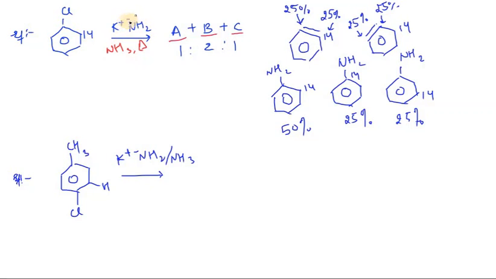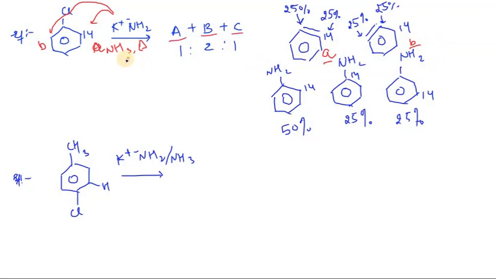NH2 may react by this side and it also may react by this side. Let's name them small a and small b, with the intermediate of a and the intermediate of b.